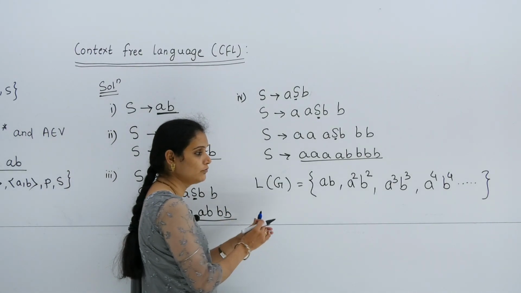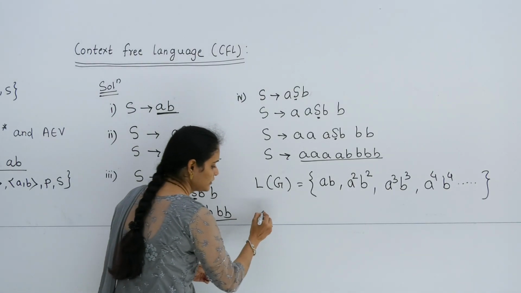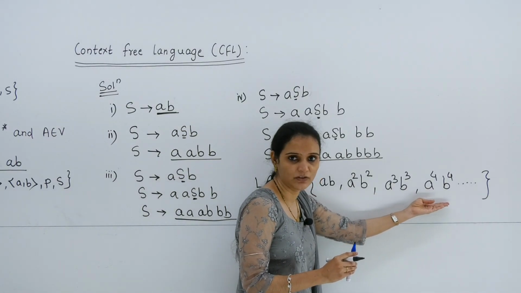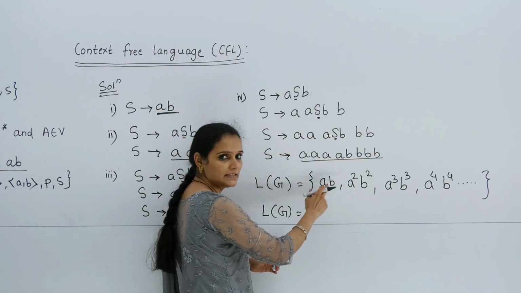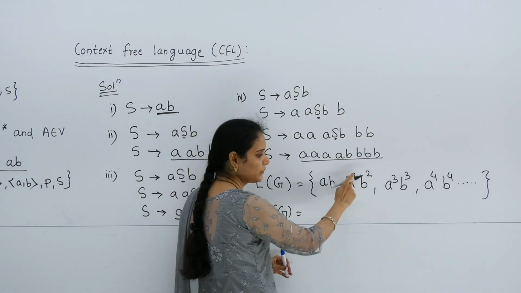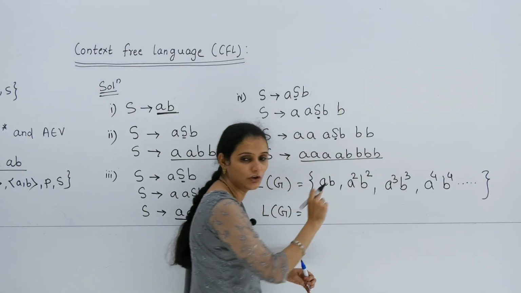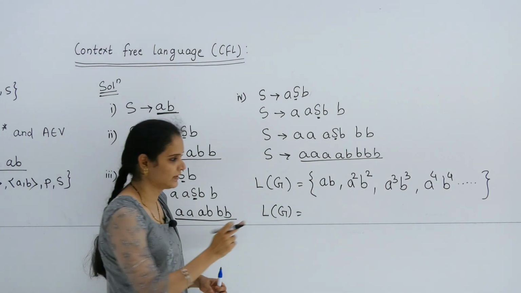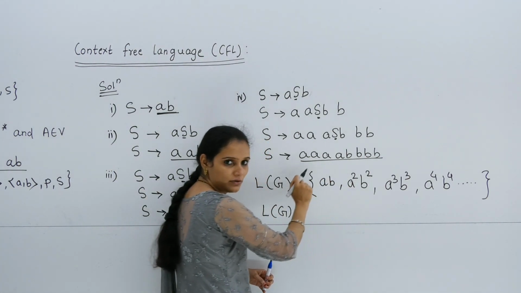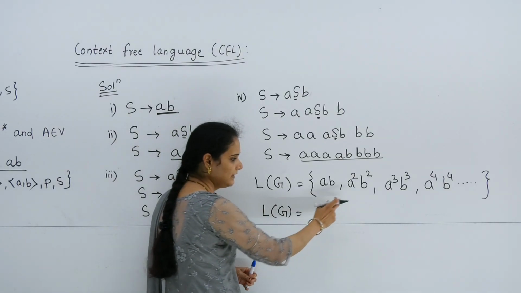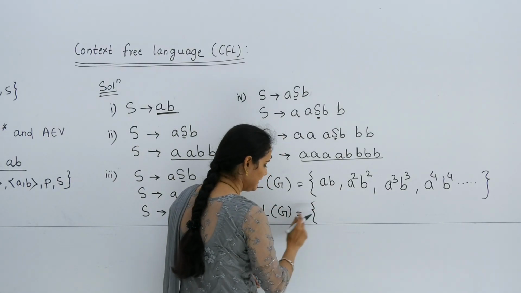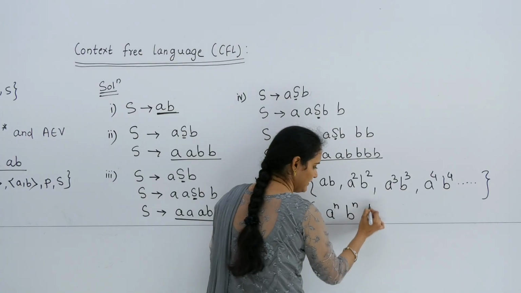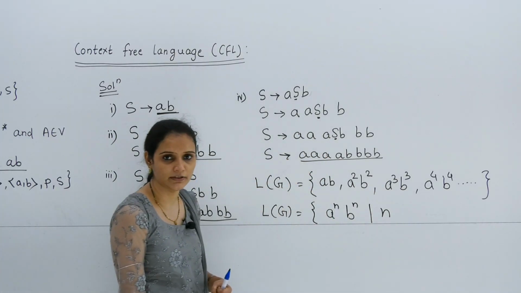Now the question is, what is its context free language? Observe these strings which we have derived. AB means A raised to 1, B raised to 1, then A square, B square, A cube, B cube. Whatever the power of A is, n, it is the same for B also. Here the power of both the constants is the same, A raised to n and B raised to n. Therefore the language of the grammar is A raised to n, B raised to n, where n is, what?